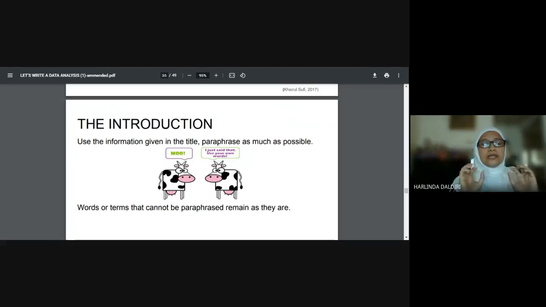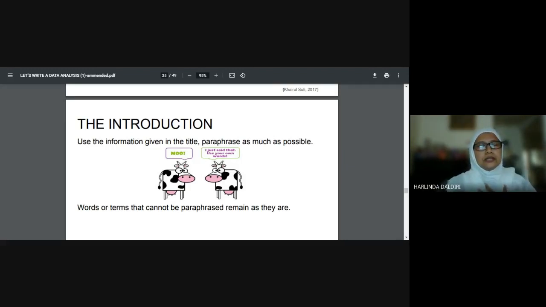But if you are a good writer, a good English student, you will be able to use different words. Then it will give a good impression to the examiner. First impression is very important in any situation.